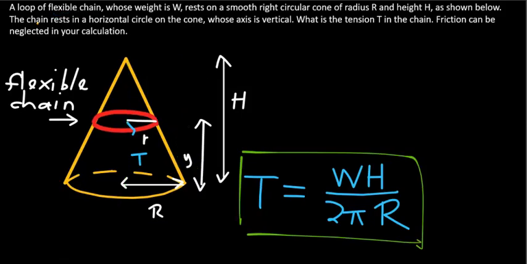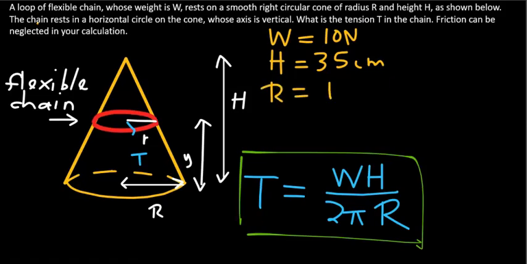Let's do some numerical exercise here. Let's assume the weight is 10 newtons. The height of the cone is 35 centimeters, and the radius of the cone is 15 centimeters. So what is the numerical value for tension in this case? So you substitute all these numbers inside. The weight is 10.